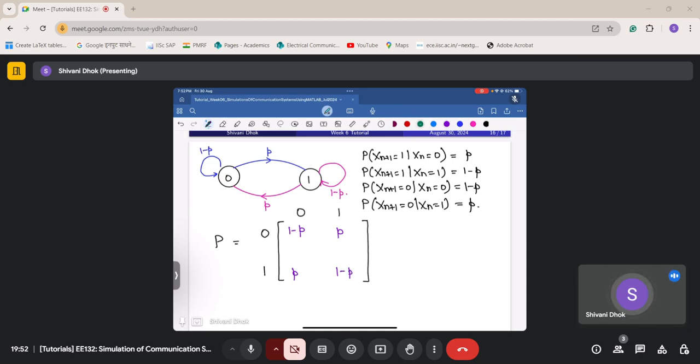So this matrix here is simply your probability transition matrix. This was covered in lecture, but still I took this in little detail.